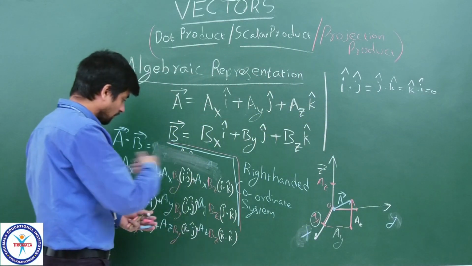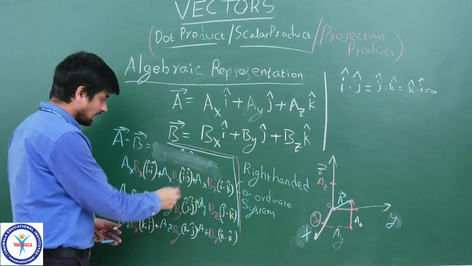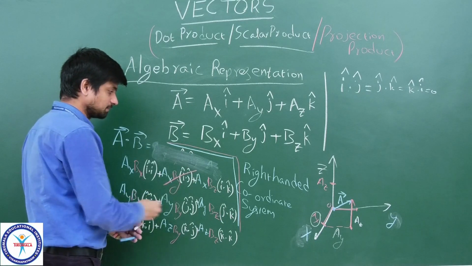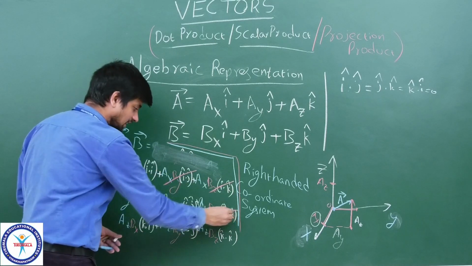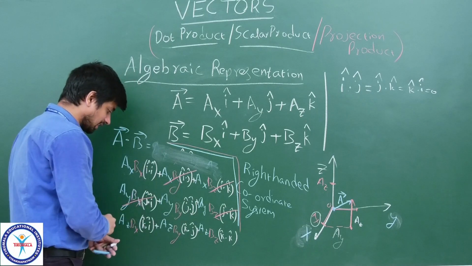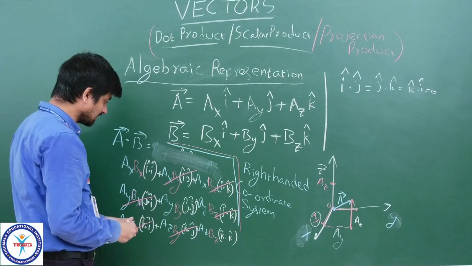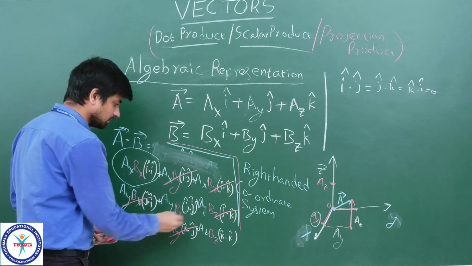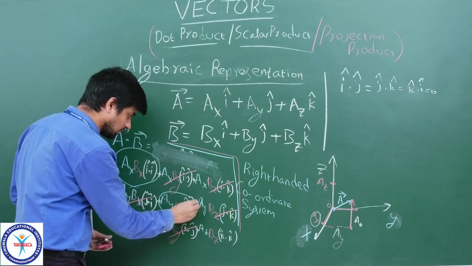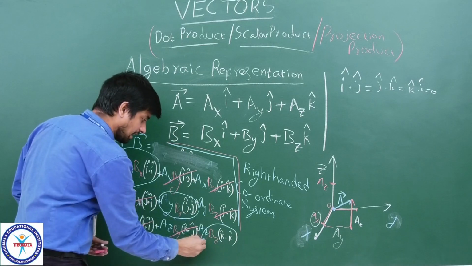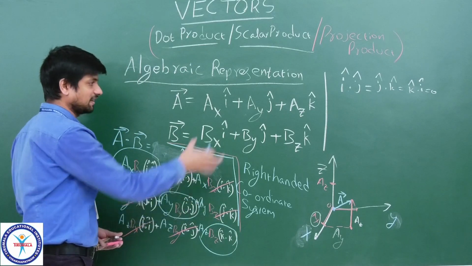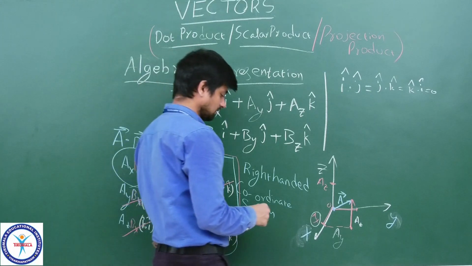So in this way, which one will be cancelled now? i dot j, this one will cancel. i dot k, j dot k, j dot i, k dot i, k dot j. So you can see the terms here, this one and this one and this one. So if you write there, you will get the answer.